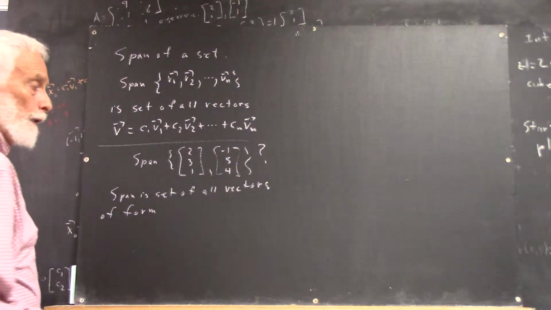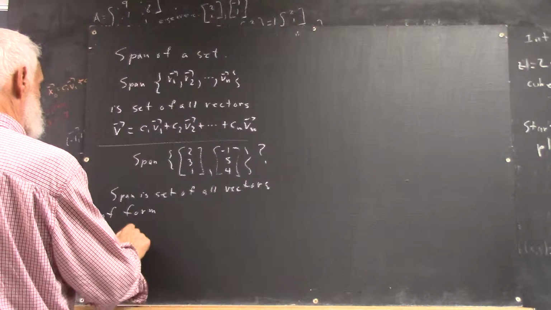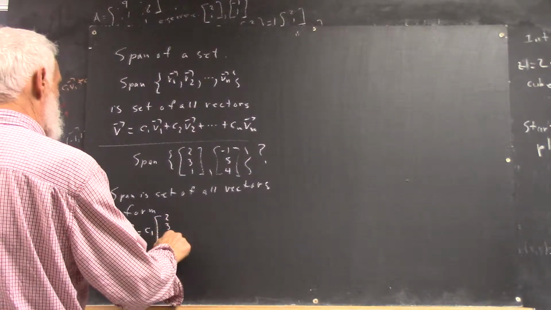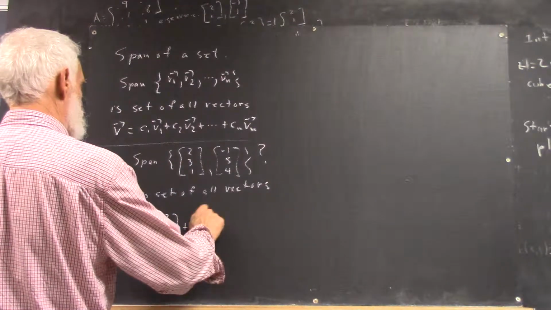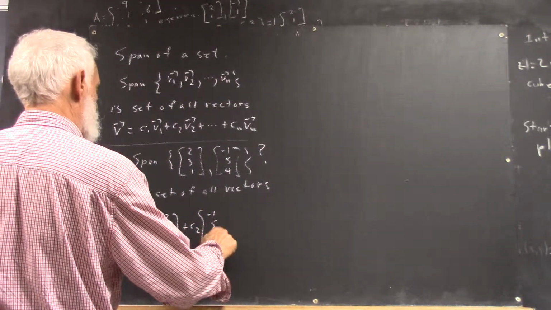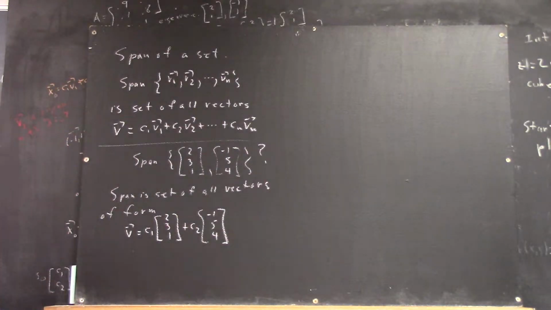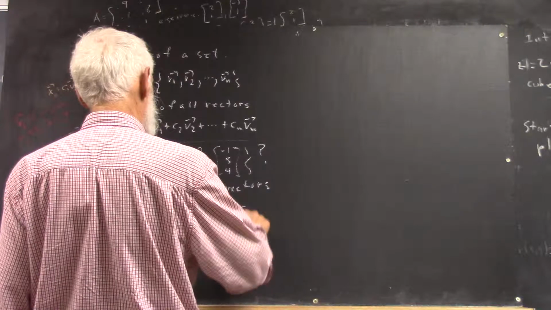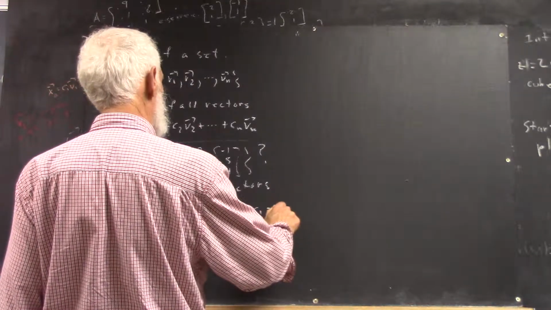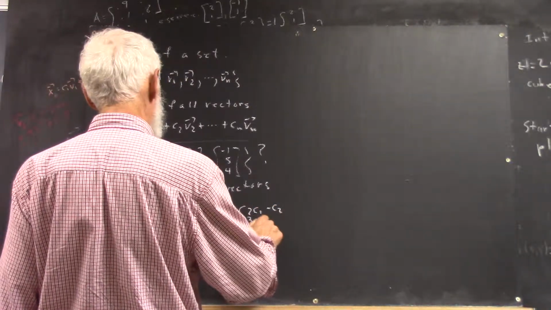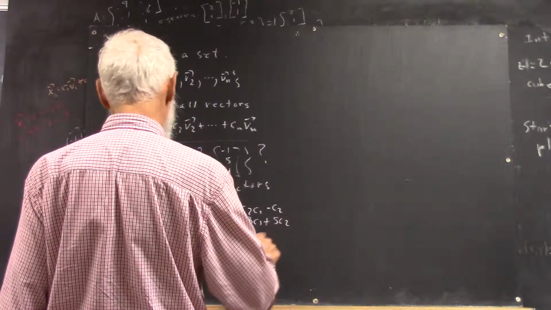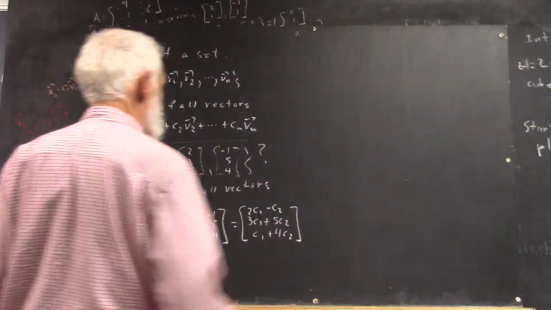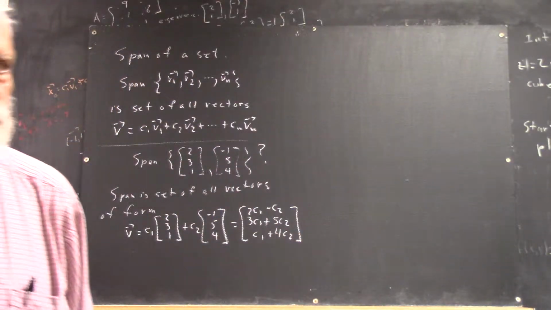Well, the span is the set of all vectors of this form, right? And that would then be 2c1 minus c2, 3c1 plus 5c2, and c1 plus 4c2. Okay?